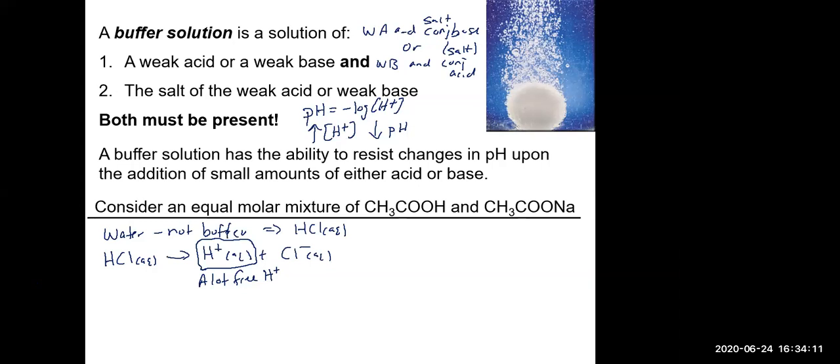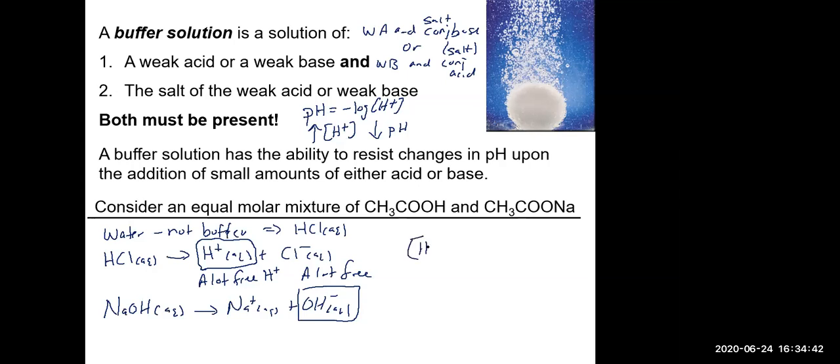Now, what happens if we take water and add some sodium hydroxide to it? Sodium hydroxide, which is a strong base, will break apart into Na+ and OH- in water. What we just did is produce a lot of free OH-. That's important because the concentration of H+ and the concentration of OH- are related to each other.